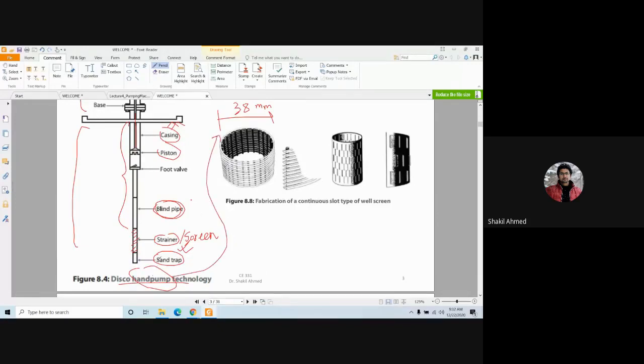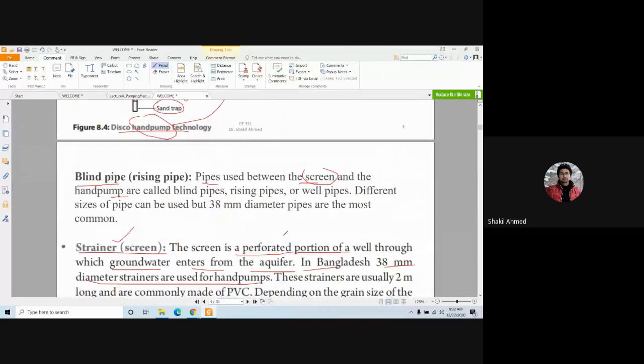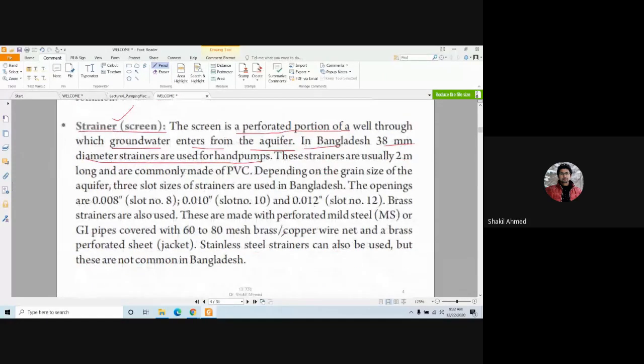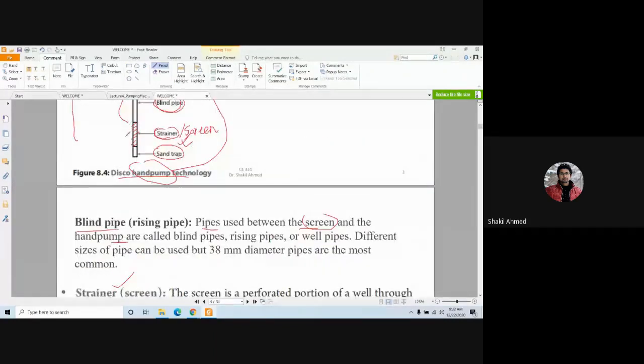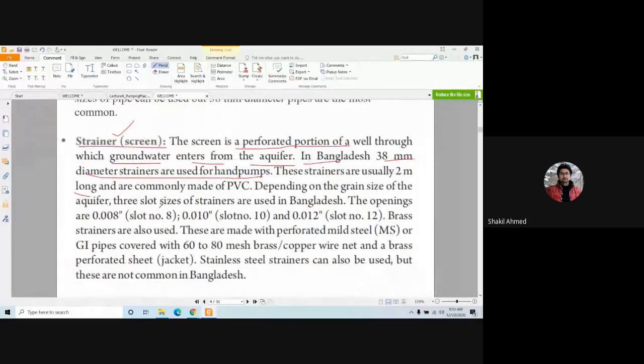That means this strainer. Now these strainers are usually 2 meters long, but the final length will be determined by our design. You'll see. They can be made of steel or PVC.